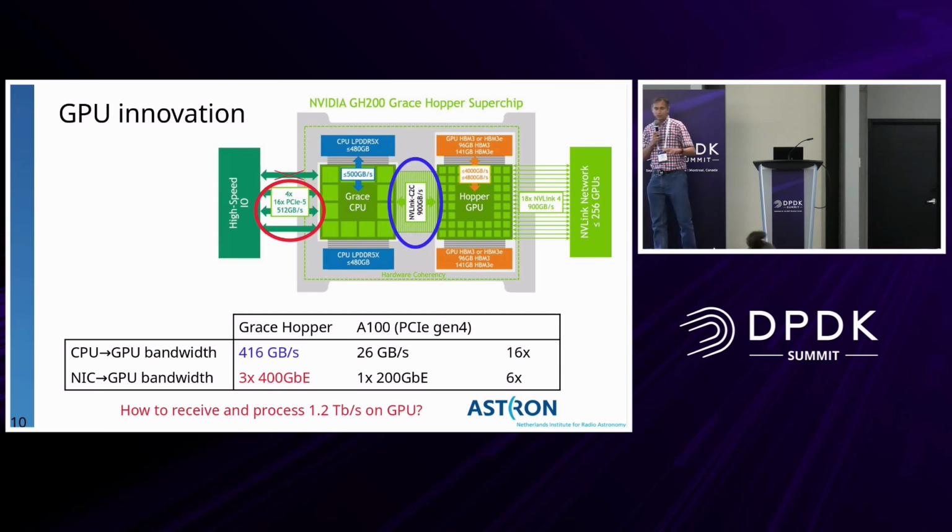Or, well, we did a mixture of 400 gig and dual port 200 gig for availability reasons. But in practice, that doesn't matter. In total, it gives us 1200 gigabit per second of input bandwidth that we can stream into a GPU, at least in theory. But the question is how to do this in practice, because this is really a lot of data.